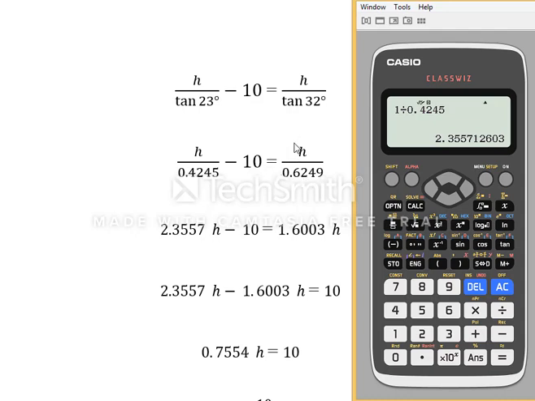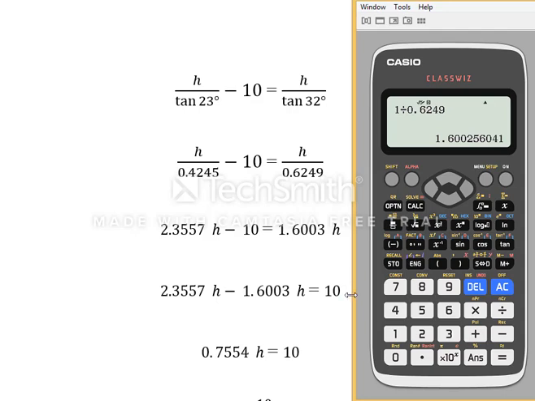Now I will divide 1 over 0.6249. 1 divided by 0.6249, I received 1.6003 when rounded to 4 decimal places. So it is 1.6003h.